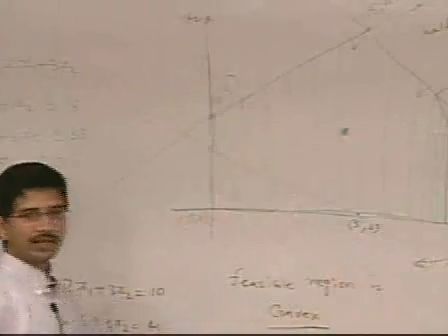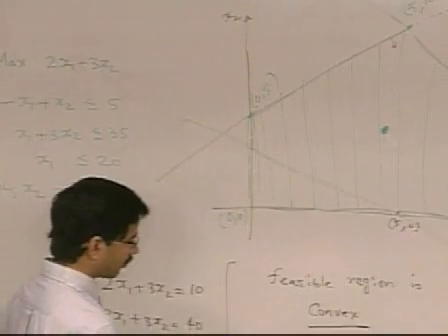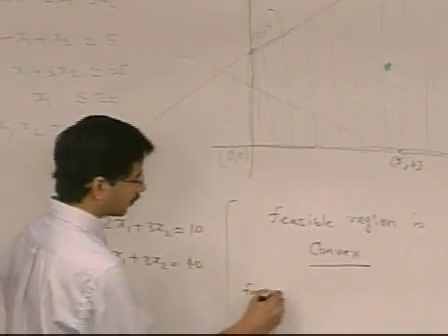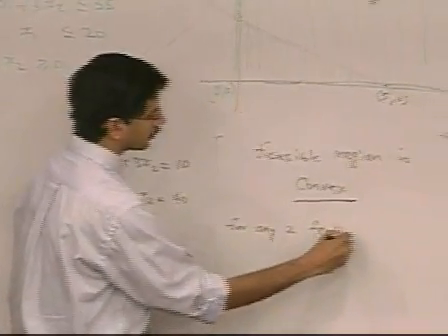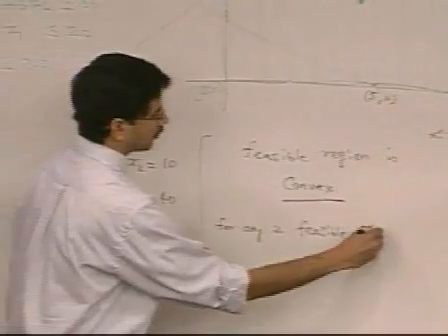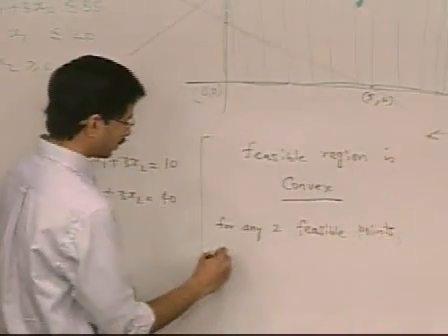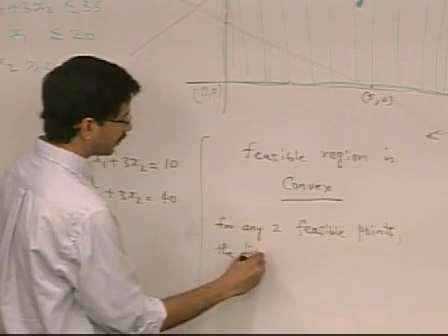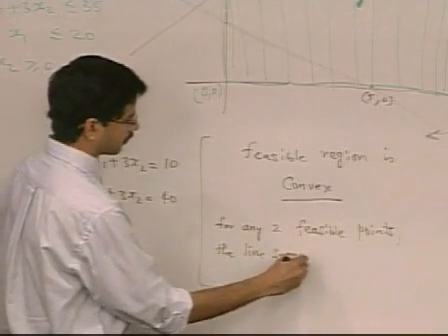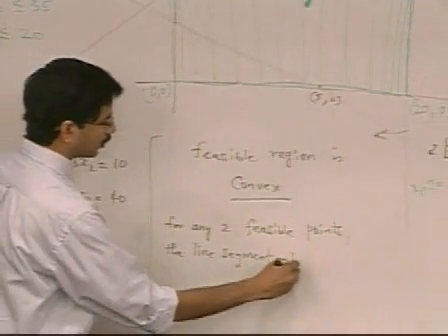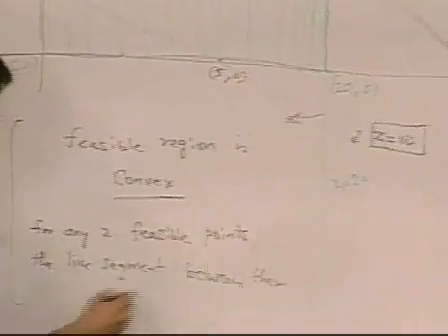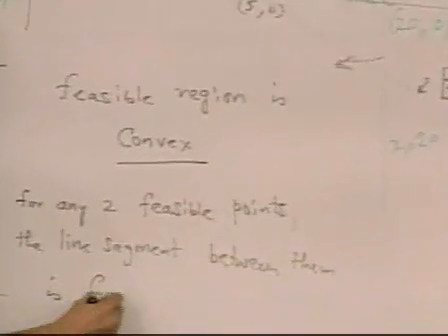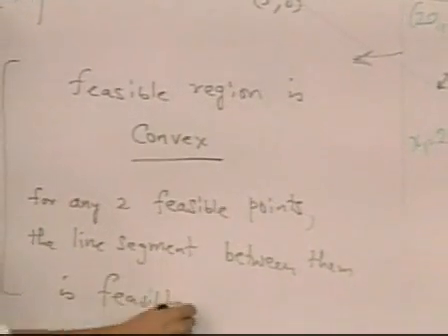Okay? So what does this mean? It means that for any two feasible points, the line segment between them is feasible. Okay.